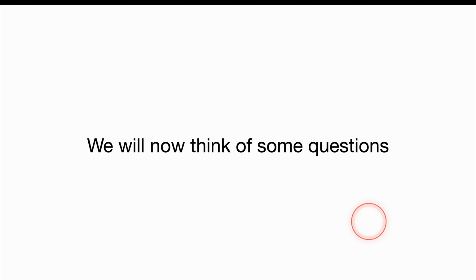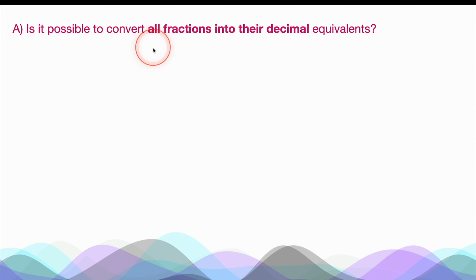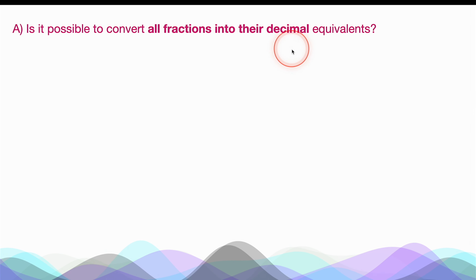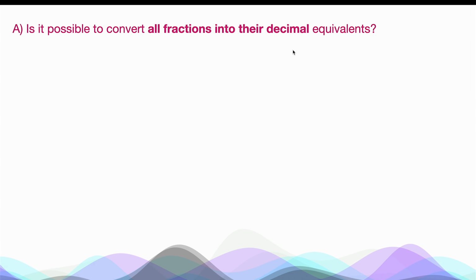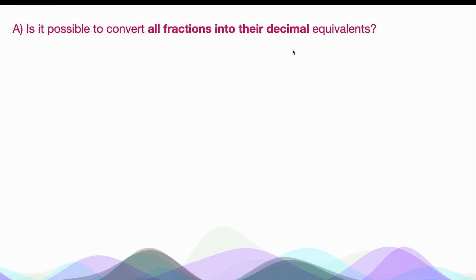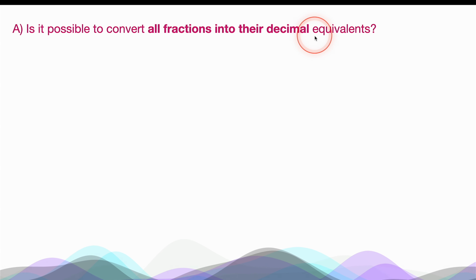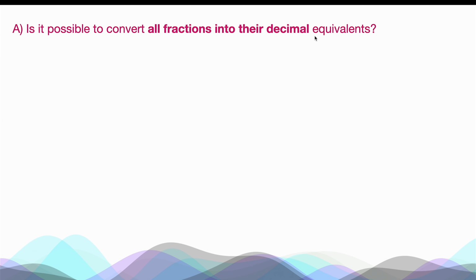So now we will think of some questions. What are those questions? First one, is it possible to convert all fractions into their decimal equivalents? Just now we took some fractions or rational numbers and converted them into decimal equivalents, and we saw that it can either terminate or be non-terminating repeating.